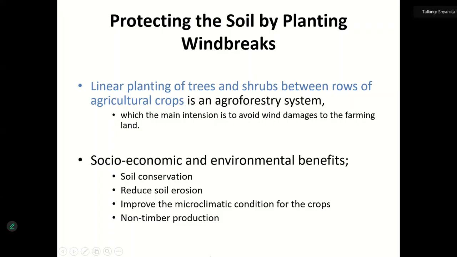Please put your answers here. Okay, what is windbreak?